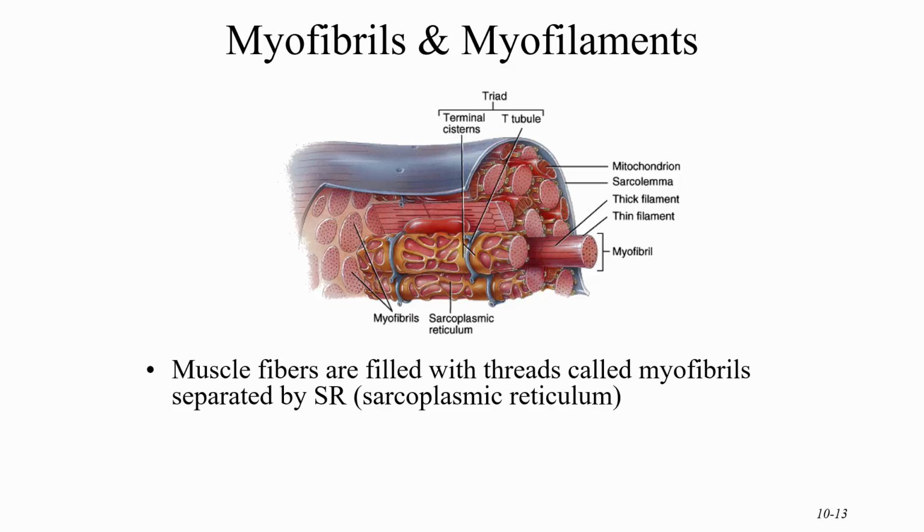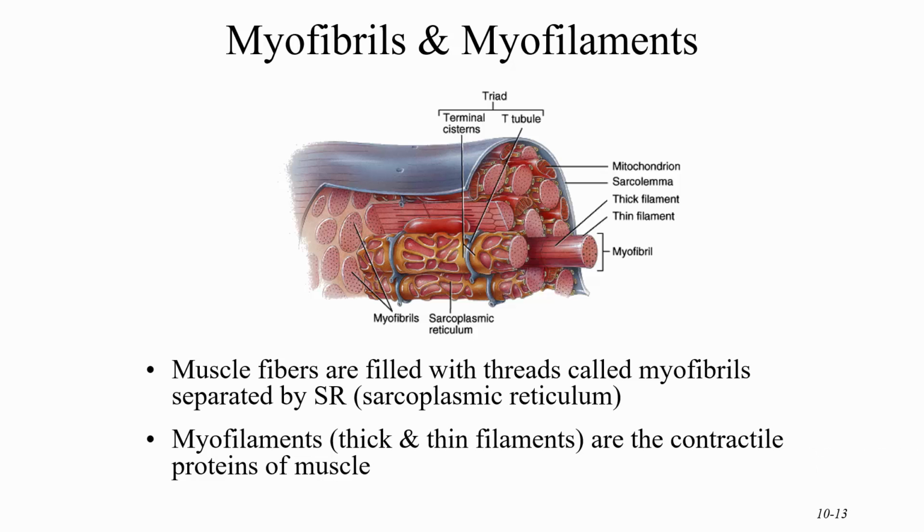And all this yellow here is the sarcoplasmic reticulum. And again, we can see in the blue here, these are the T tubules. And so the myofilaments that we find in the myofibril here are thick and thin filaments, and they're contractile proteins of the muscle. So this little unit here is going to be the contractile unit made up of these thick and thin filaments.